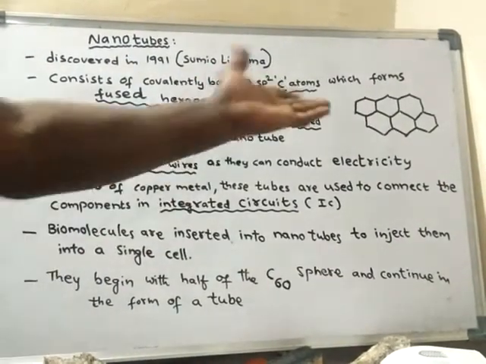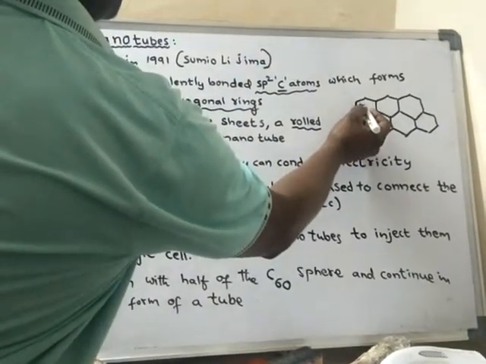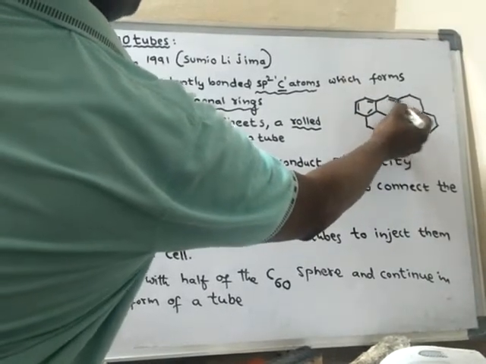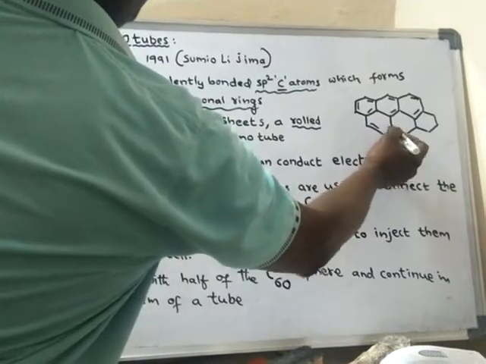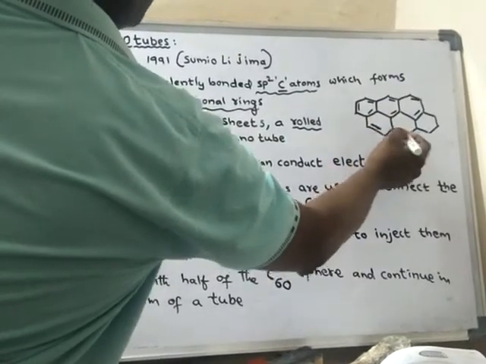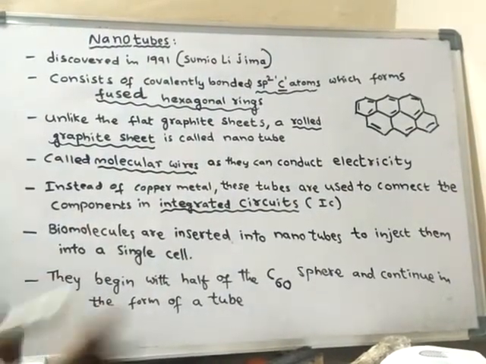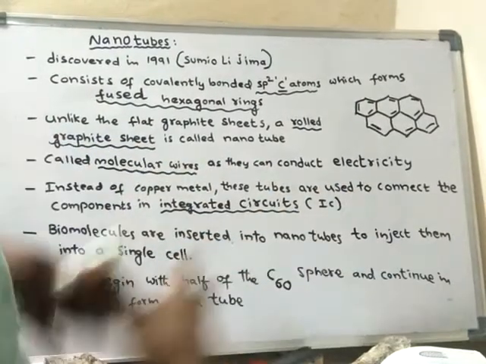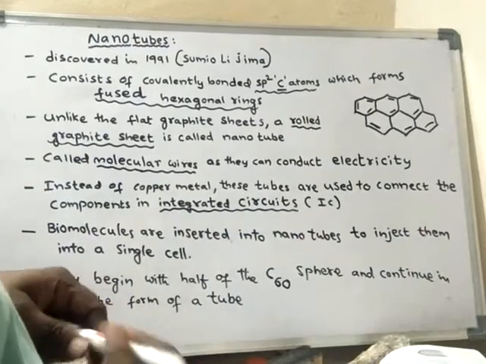Actually, graphite also is like that. If you see graphite, you will find alternate double bonds, like this. Graphite is a flat structure, a two-dimensional structure.